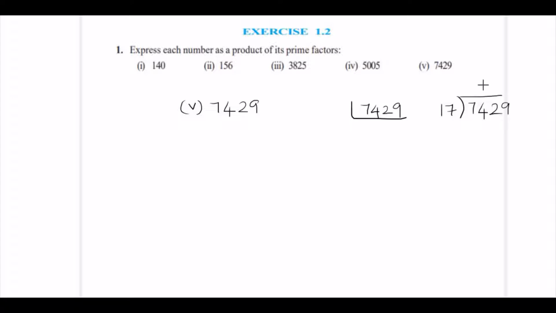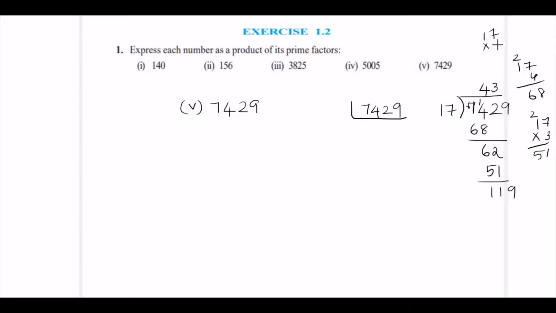If you check, you will see 17 goes in 7429. 17 into 4 is 68, subtract, and 17 into 3 is 51, and so on, giving 437.